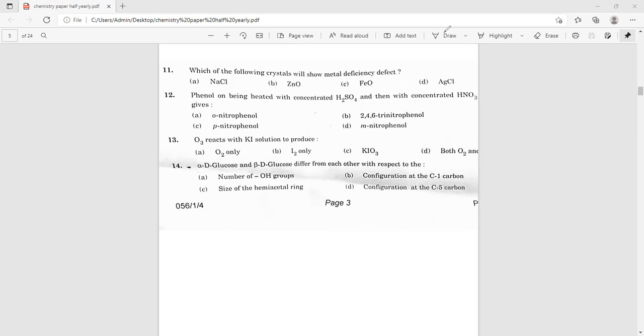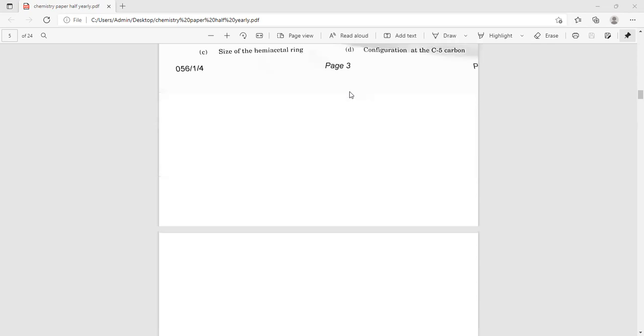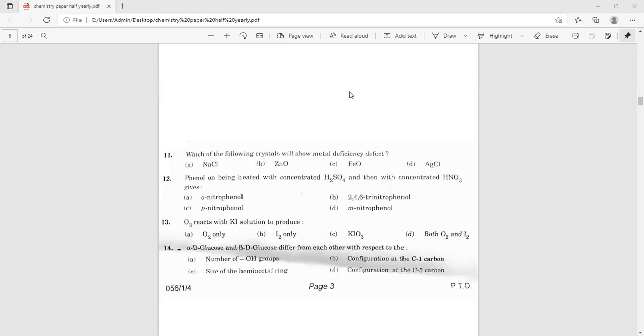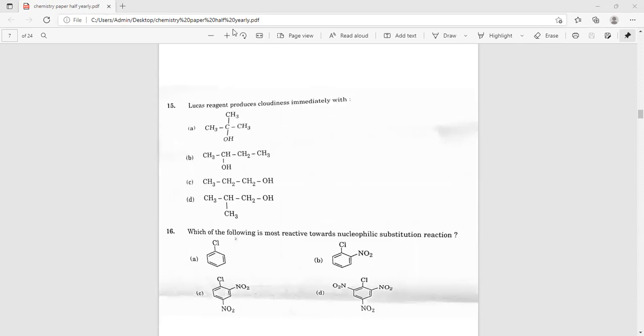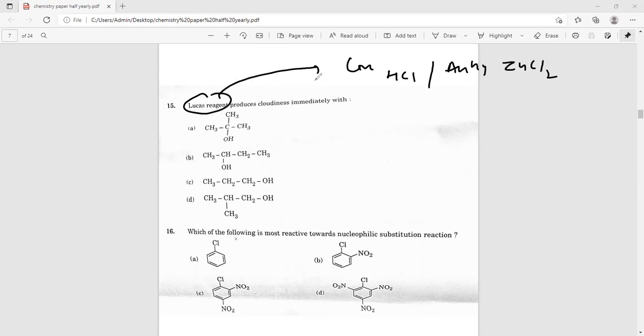Question number 15 is, Lucas reagent produces cloudiness immediately with... Lucas reagent is the combination of concentrated HCl and anhydrous ZnCl2. This is Lucas reagent, right?